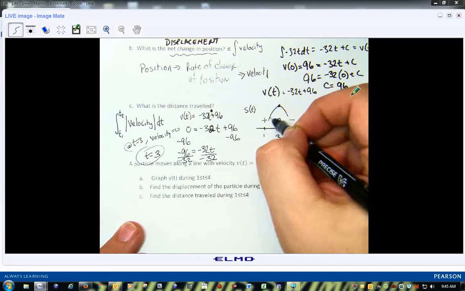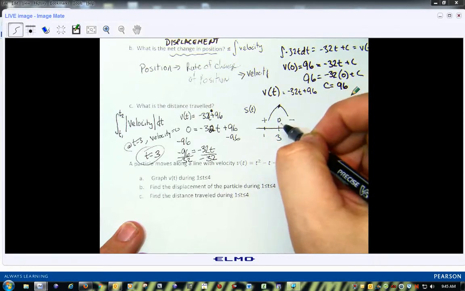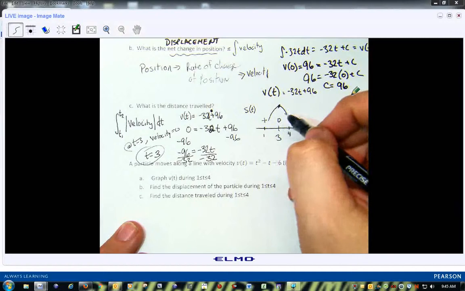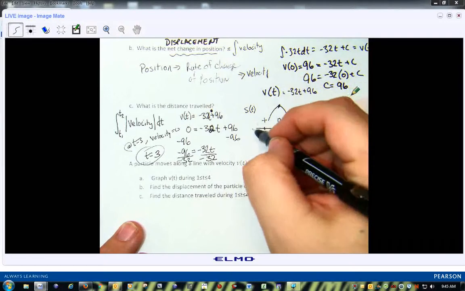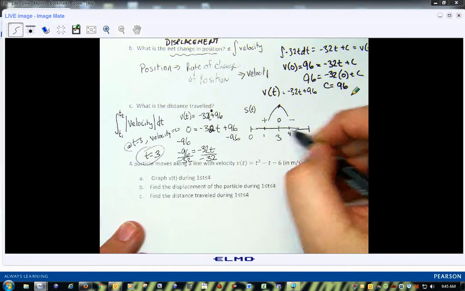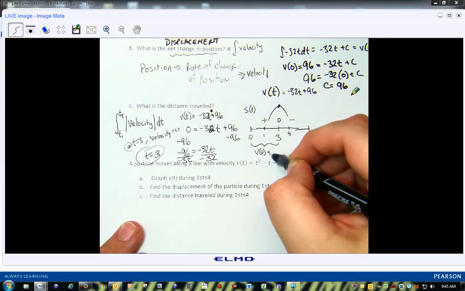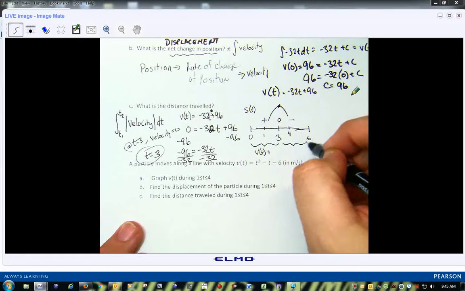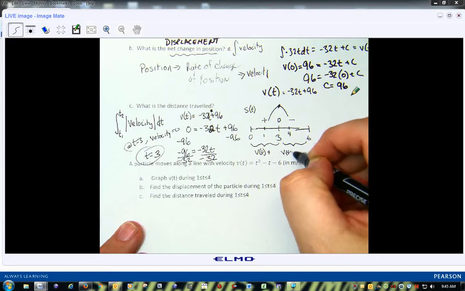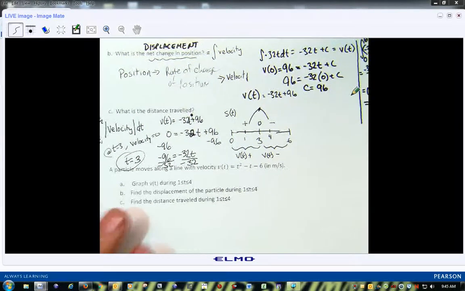So where is the velocity positive? If I'm looking from 0 all the way to 6, from 0 to 3, v of t is positive. Here, v of t is negative. This is how you set up.